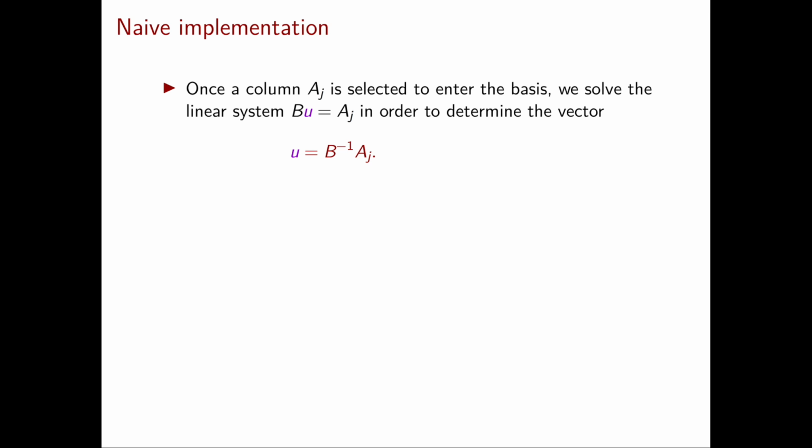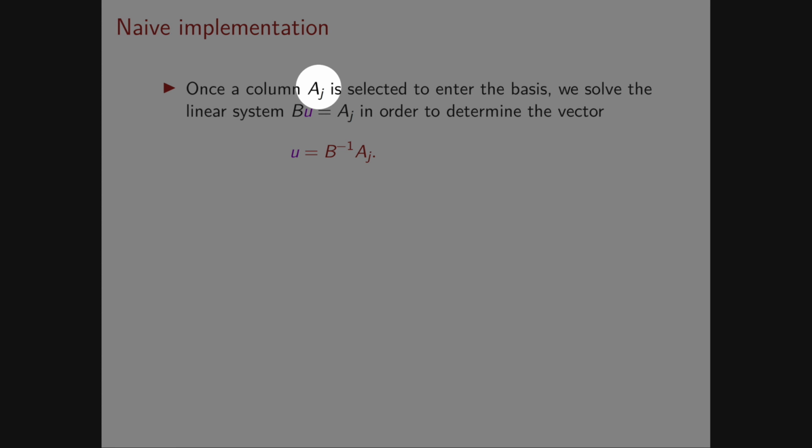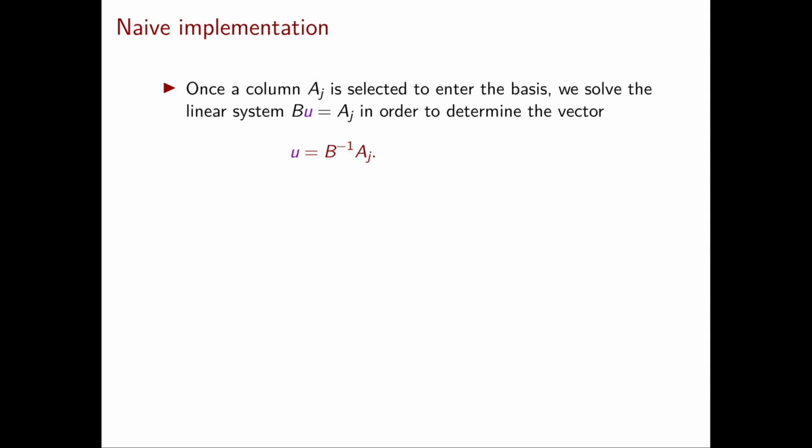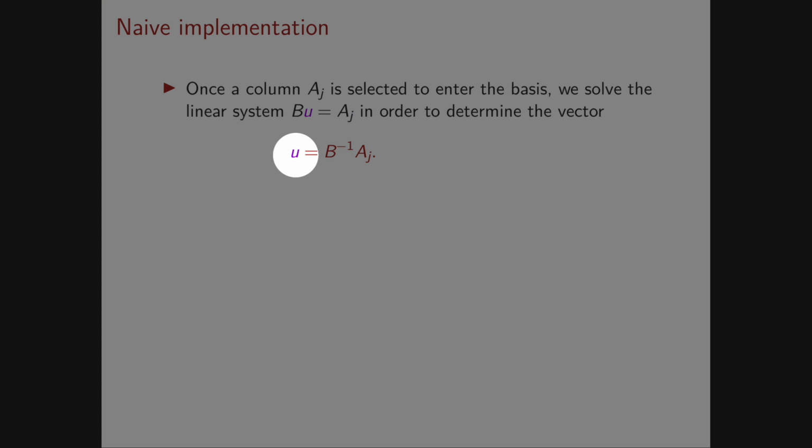Once the reduced costs are computed, then, according to our pivoting rule, we select the column aj that should enter the basis. Our next task is then that of computing the vector u that we know corresponds to the jth basic direction. The definition of the vector u is B inverse times aj.